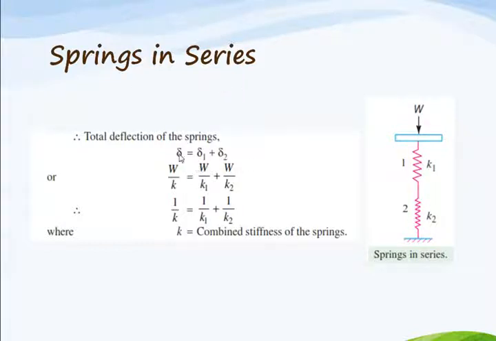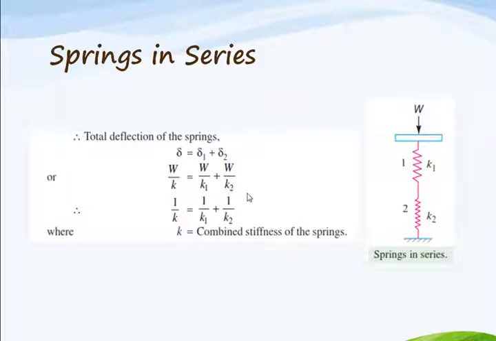Here the deflection delta will be delta 1 plus delta 2, overall delta. We know that stiffness K is equal to W by delta, then delta is equal to W by K, delta 1 is equal to W by K1, delta 2 is equal to W by K2.